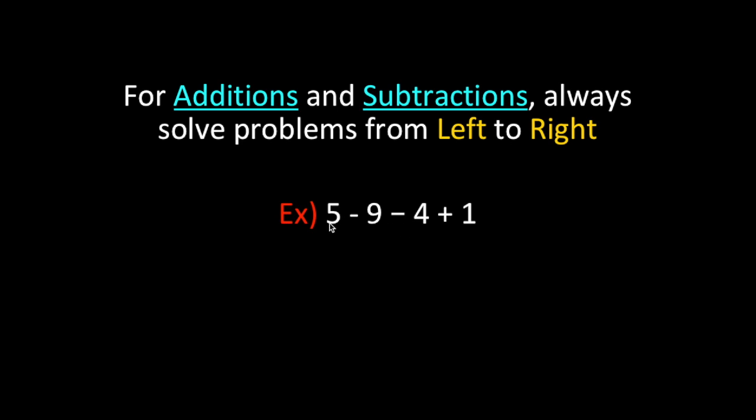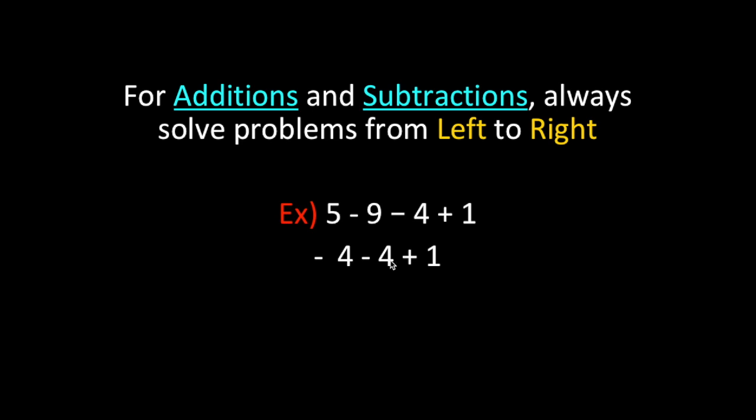In this case, 5 minus 9, because these two numbers have different signs, you subtract, and you keep the sign of the larger number after you subtract. So 5 minus 9 is 4, because 9 is larger than 5 and 9 has the negative sign. Your answer is -4.